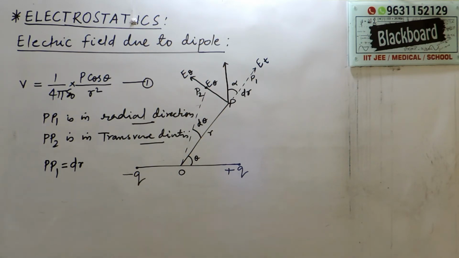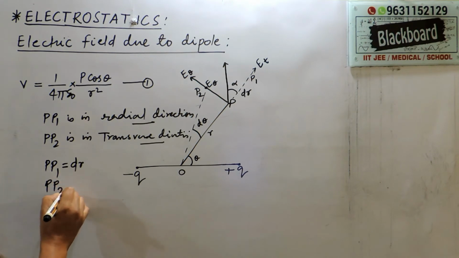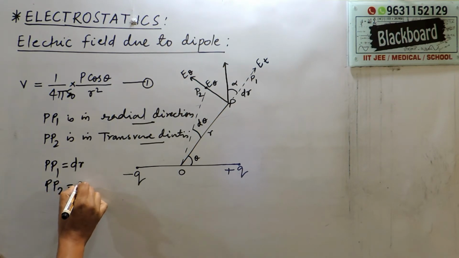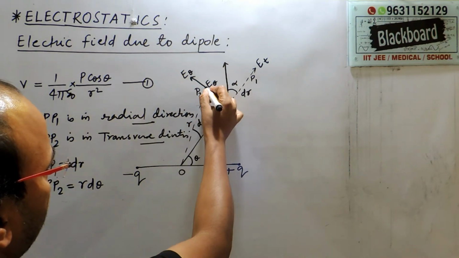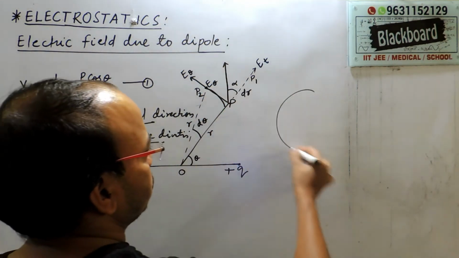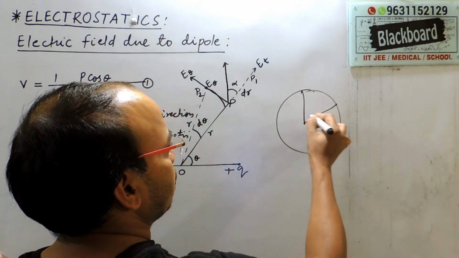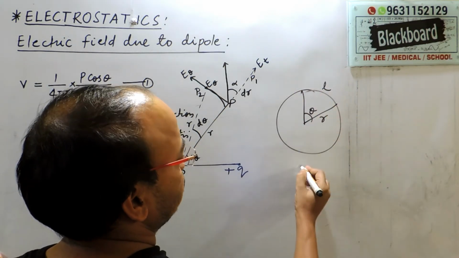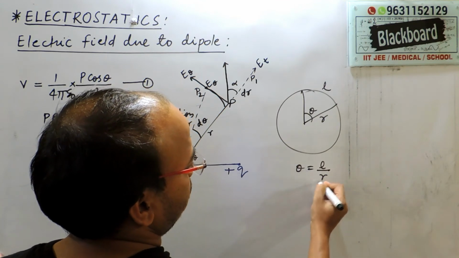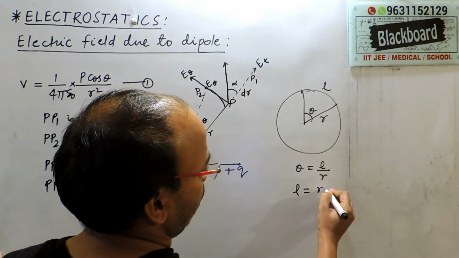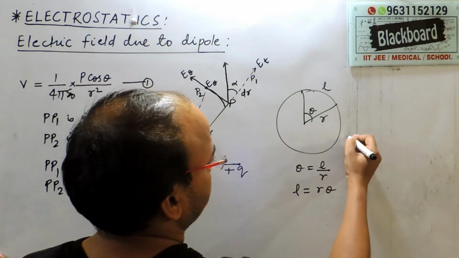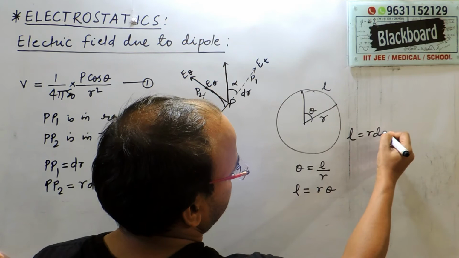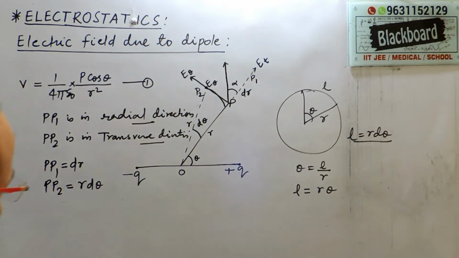Thus PP2 is r d theta, because this is r and this is r, and this length we find using the formula: this is r, this is theta, this is L. Theta equals L by r. That means L equals r theta, and theta is here d theta. So the arc length L is equal to r d theta. So we have used r d theta for PP2.